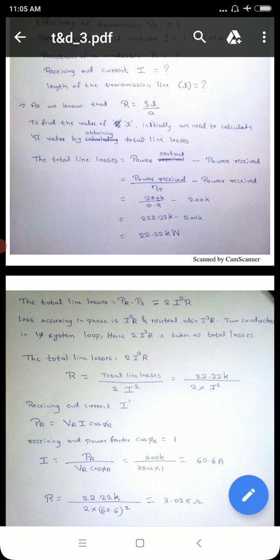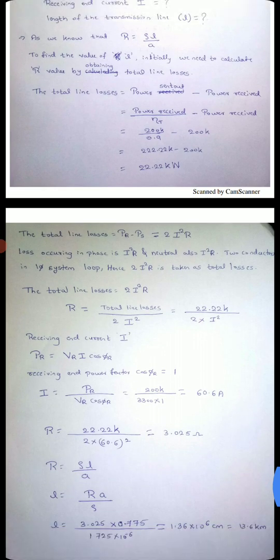Now to get the total line losses, we need to find R. R is equal to total line losses divided by 2I², or 22.2 kW divided by 2I². The receiving end current I can be taken from PR. PR is equal to VR I cos phi R, or I is equal to PR by VR cos phi R. Considering the unity power factor here, we get I as 60.6 amps, and R as 3.025 ohms.